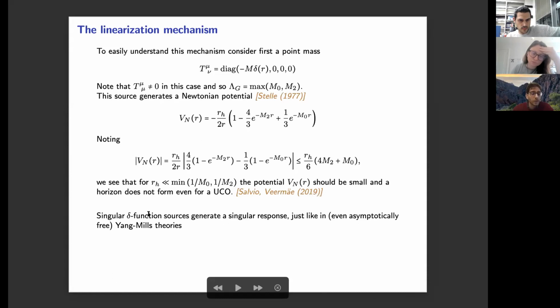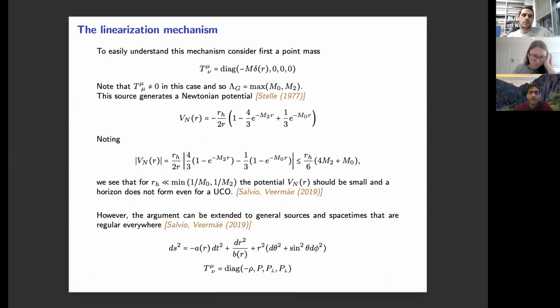Another important thing to notice is that in this theory, singular delta function sources generate a singular response. But this is not a pathology of the theory, because this is the case also in even asymptotically free Yang-Mills theories. If you put a singular source, you get a singular response. Technically this emerges just because a delta function source in electrodynamics generates a Coulomb potential which is singular at the origin.